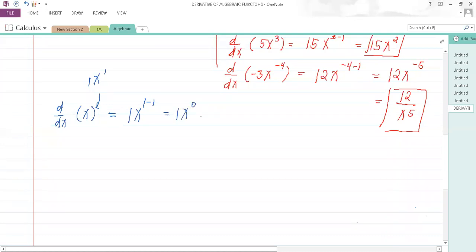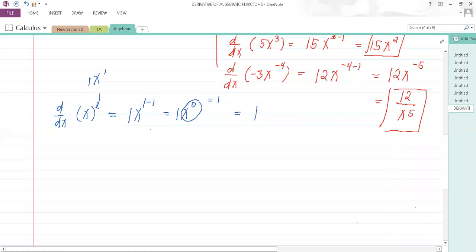And any number or variable raised to 0 is equal to 1. So this x raised to 0 is equal to 1. So ang magiging derivative natin if we have one variable x, that is equal to 1.